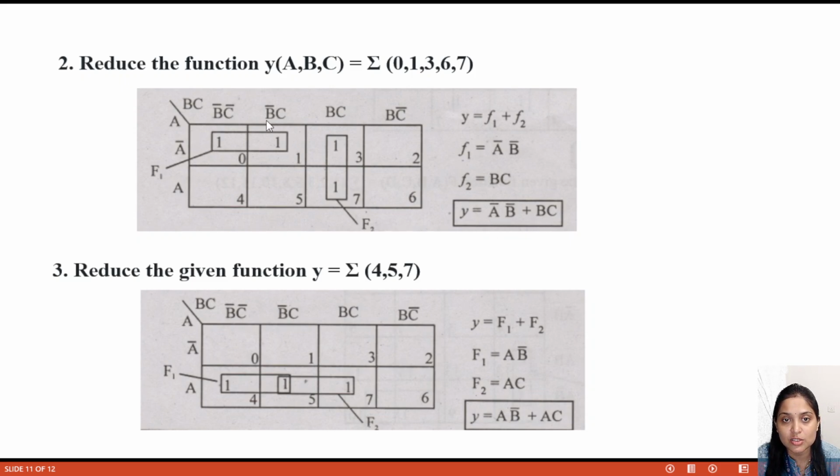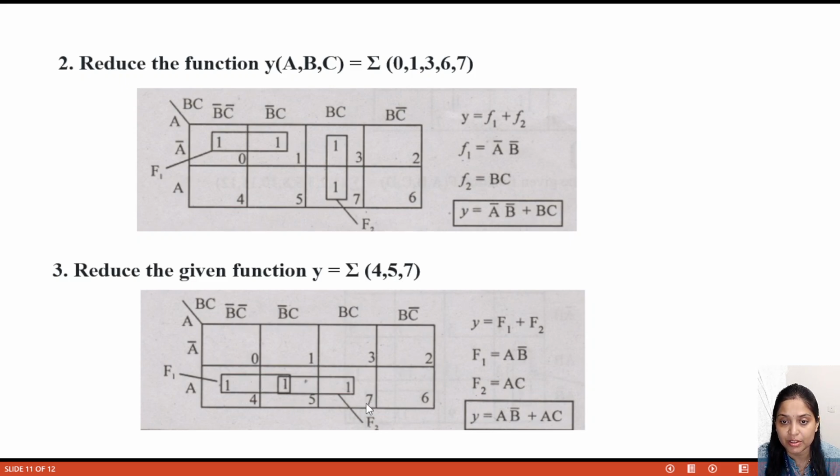If we consider these 2 pairs, it will share 1 row and 2 columns. So here A bar will definitely come, and here C and C bar are there, we can cancel out each other, so it will come A bar B bar, and from here it will come BC because here A and A bar are there, so we can easily cancel out each other. And next one is 4, 5, 7.